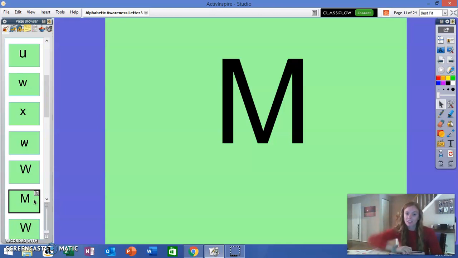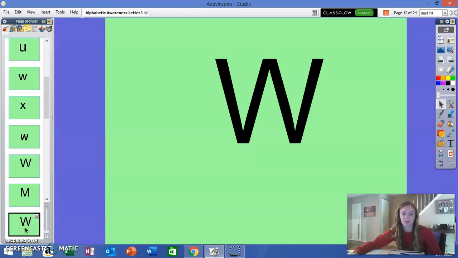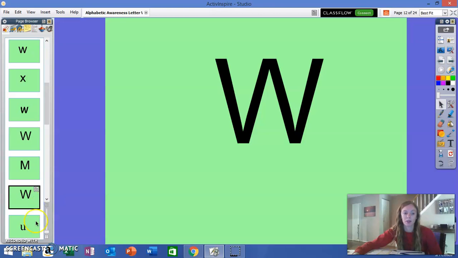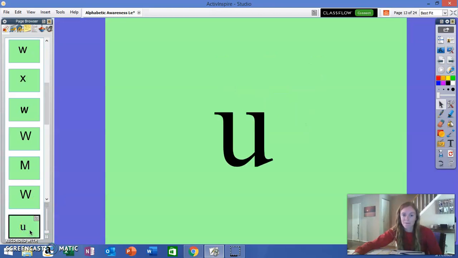Thumbs down. That's a tricky one. This is not a W. This is what letter? Right, this is the letter M. Kind of tricky because it looks kind of like an upside down W. Thumbs up. Awesome job. That is an uppercase W. Right, thumbs down. That is not a W. What letter is that? Right, it's a U.